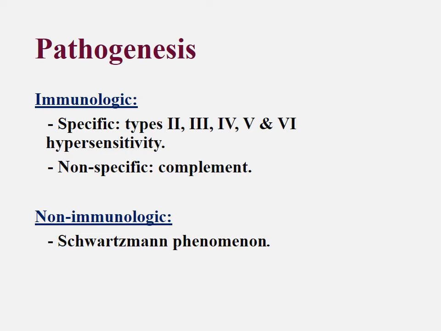So, again, we have type 3 hypersensitivity in most of the cases of small vessel vasculitis, leukocytoclastic vasculitis. We have type 4 hypersensitivity occurring with Degos disease, malignant atrophic papulosis. We have type 2 hypersensitivity occurring with drug-induced vasculitis when the drug is attached to the endothelial cells.